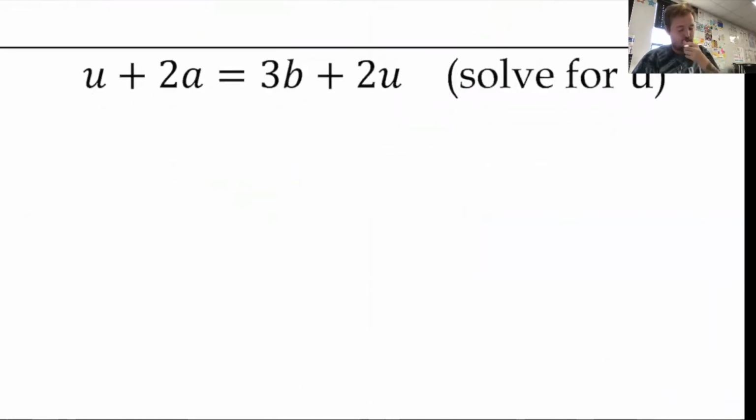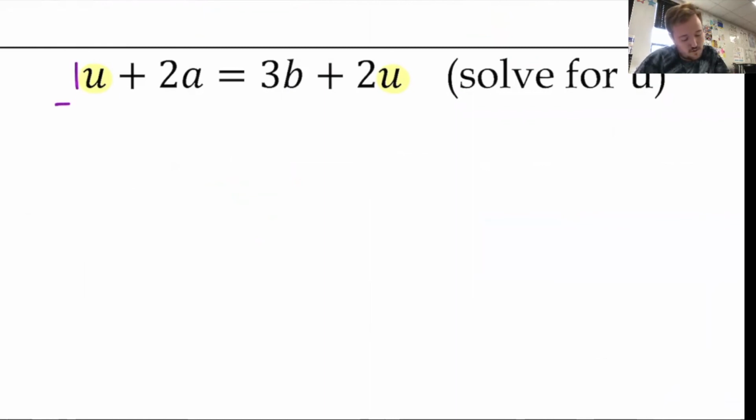All right, now on this one, we're going to solve for u. So I need to get them to the same side. So if you notice, there's nothing in front of the u over here. So I can just pretend there's a 1. There's just one u. So what I'm going to do is I actually want to combine the u's.